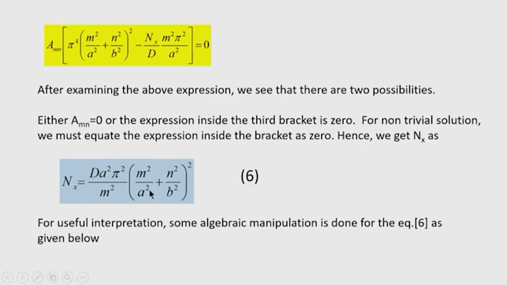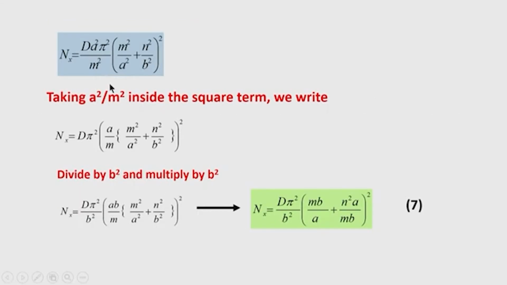Okay. Now, we have to examine several conditions for finding the critical load. Equation 6 can be arranged with some algebraic manipulation, so that useful interpretation can be done. Now, this N_x is D π^2 by m^2 into (m^2 by a^2 plus n^2 by b^2) whole square.